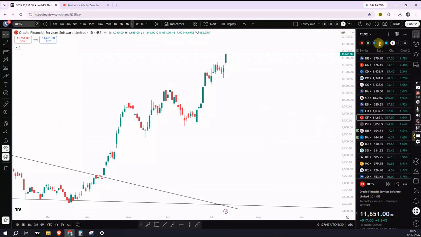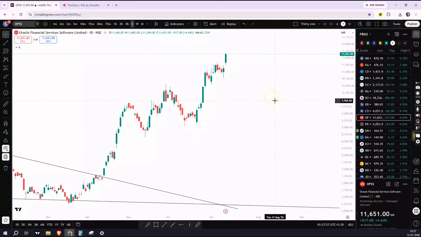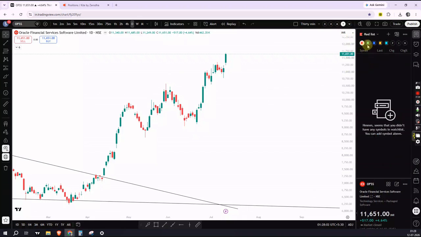What I have done is I have added all the stocks, according to certain setups, into certain watch list buckets. You can see here I have not added any stock into this red label because I don't see any bearish stocks according to my setup.